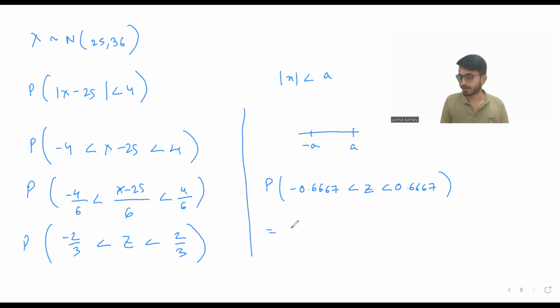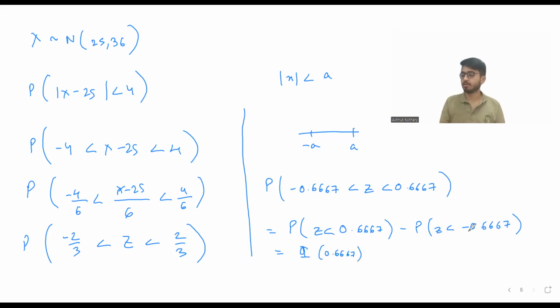So this now I can write as probability z less than 0.6667 minus probability z less than minus 0.6667. This directly I can write in this form. And if you'll remember the result, probability z less than minus a was nothing but 1 minus probability z less than a.